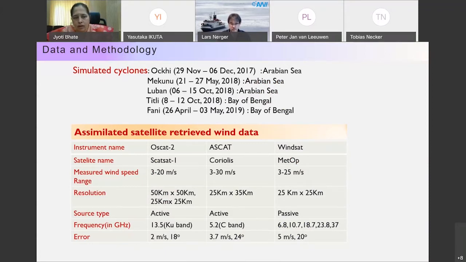The satellite-derived ocean surface wind data is very important during the cyclone time, as there are very few observations available over the oceanic region. So we have taken 3 scatterometer ocean surface wind retrievals from OSCAT2, ASCAT, and WindSat.